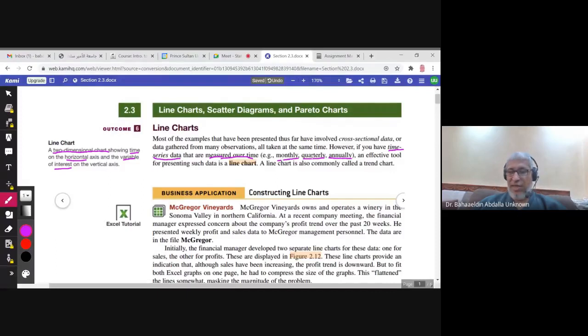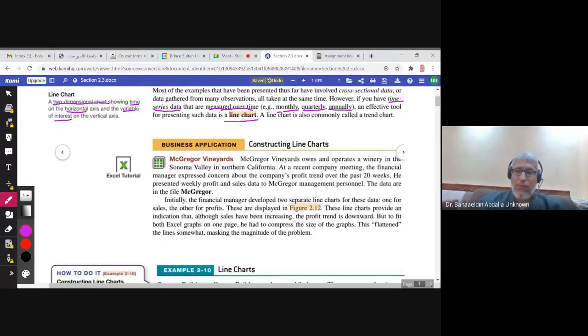For time series, every year, every month, every day, every hour, this is the time series. This kind of graph, the line chart, is an effective tool to present the time series data. And it also enables you to talk about the trend, okay? Because you have a line, so you will see maybe an upward trend or a downward trend. So you can predict, you can talk about the near future using the line chart.